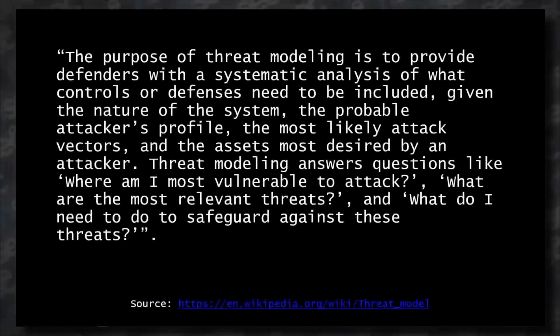You go to Wikipedia and it's the same problem. It's still this complex description that when I take that to a development team and I say, hey, I want you to do this threat modeling thing, and I try to tell them the who's and the what's and the whys, if it's this complex just to understand what it is, my gosh, how complex is it to really implement this in our pipeline?